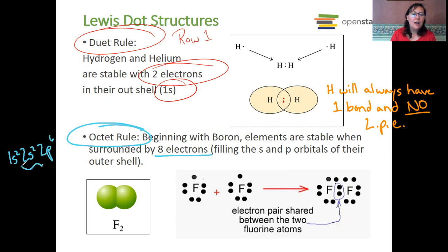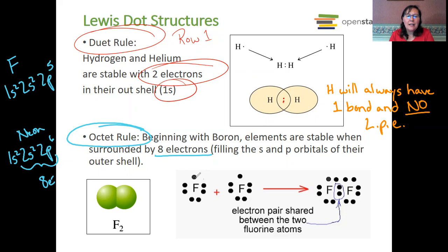So their outer shell, 2s2, 2p6, counts for 8 electrons. And that's when it's the most stable. Well, sorry, not fluorine, this is neon. And that's what they're going for. Fluorine, we know, is 1s2, 2s2, 2p5. And so it needs 1.